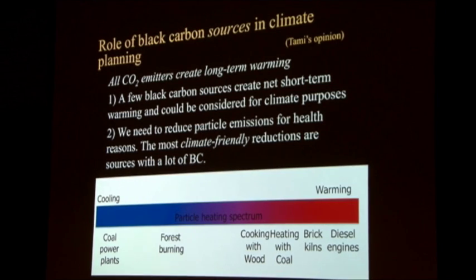Remember you saw the cooking pot with the flaming and then the not flaming. The more flaming you have, the more warming, the farther over it is. This is something that has not really been understood. How do you connect the characteristics of a forest or vegetation burn to the particles that come out?